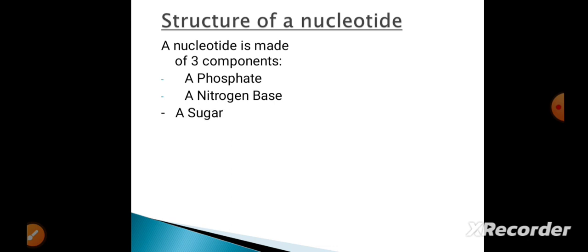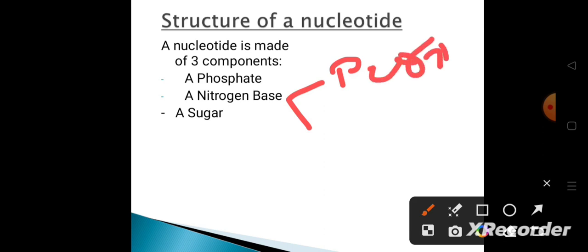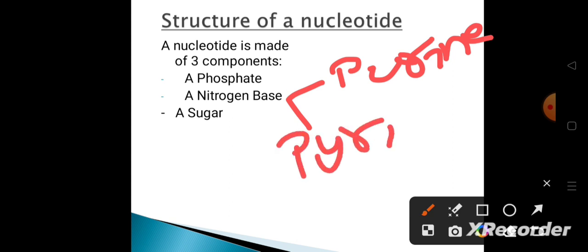Third is the sugar. The nitrogenous base is divided into two types, purine and pyrimidine.